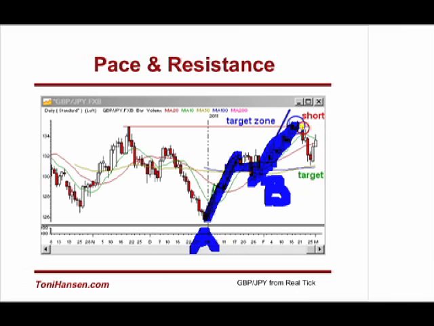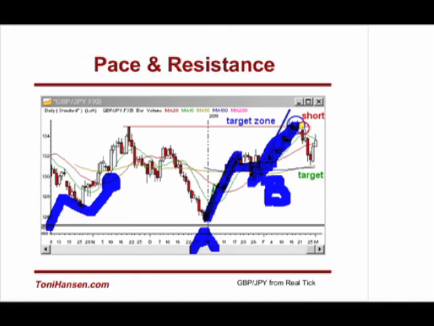And this is where you can use the same concept of momentum and equal move targets to also help establish positions that go in the opposite direction, that are corrective moves or reversal moves. So if you have that equal move target hitting, you can use that as a guide for establishing a move in the opposite direction.